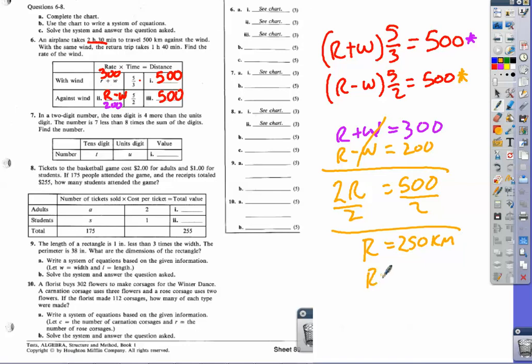So you know that r minus w is equal to 200, so you have 250 minus w is equal to 200, so w equals 50. So for part B, you can go with these two equations, or you could probably get away with these two equations. And for C, the rate of the wind is 50.